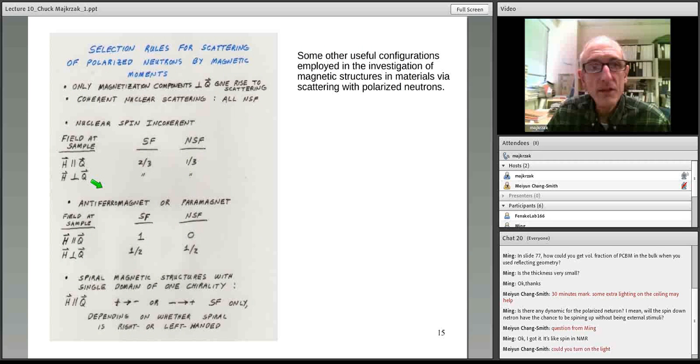There are some other selection rules that are very useful, and it turns out that the three vectors of importance are the neutron polarization, the beam polarization direction, the wave vector transfer Q, and the magnetization or magnetic field, B or M. So that triad of vectors, when you examine their relationship to one another, gives us a set of selection rules that are very useful. And we won't discuss these in detail, but if you have any questions, just email me or look in some of the references.